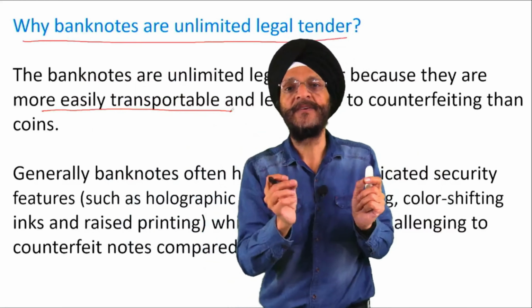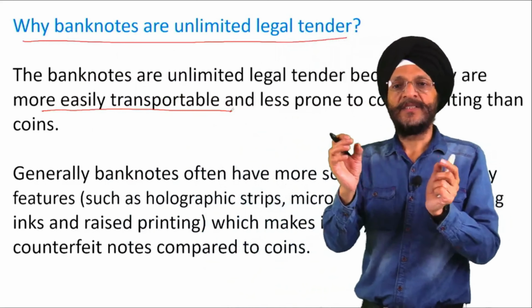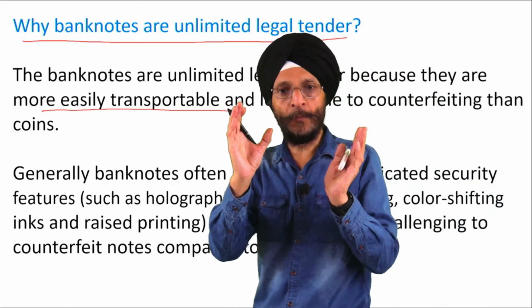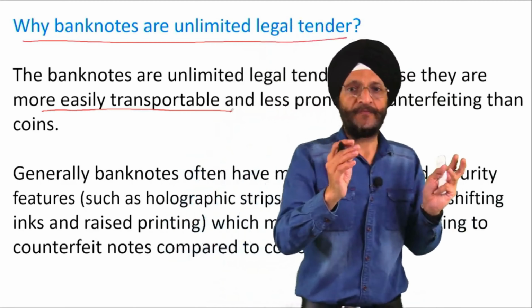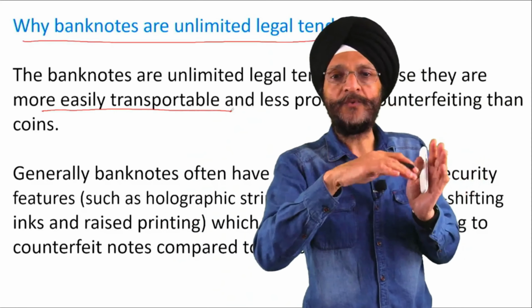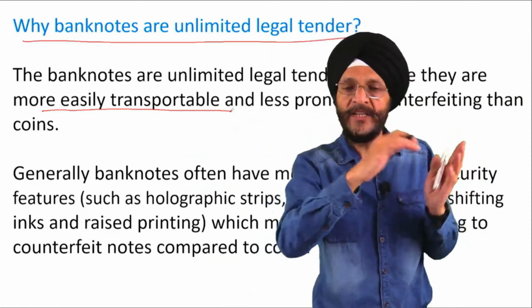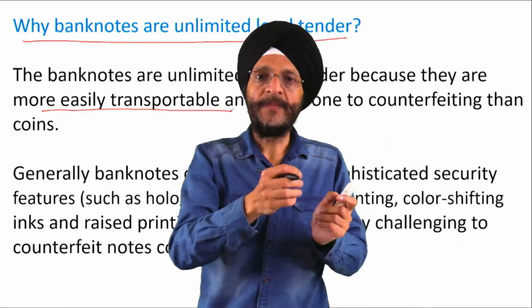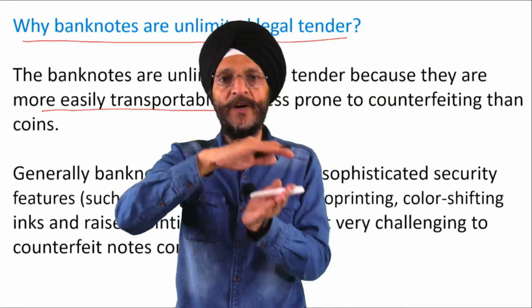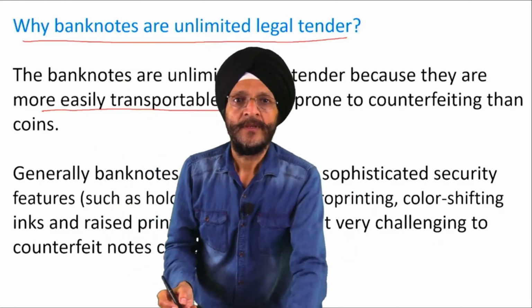But if we have with us, say, a 500 rupee banknote or the currency notes of 200 rupee or 100 rupee, it is quite easy for us to count the same as well as to transport the same from one place to another.